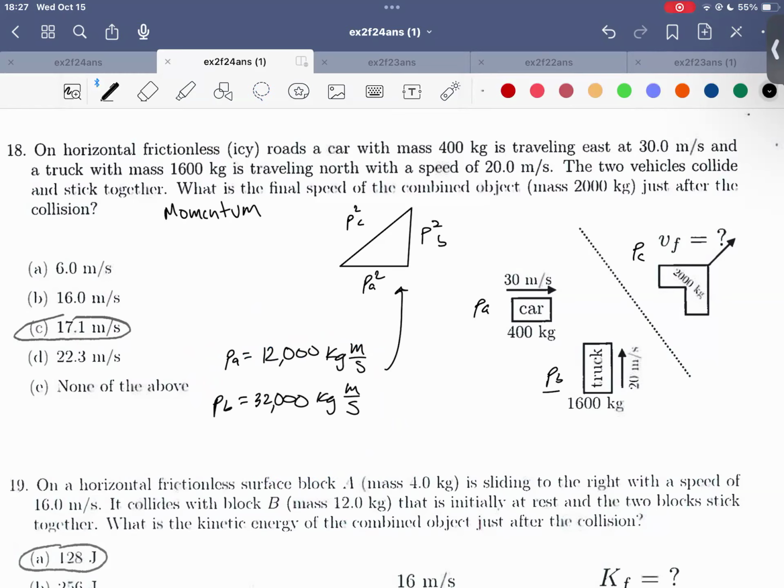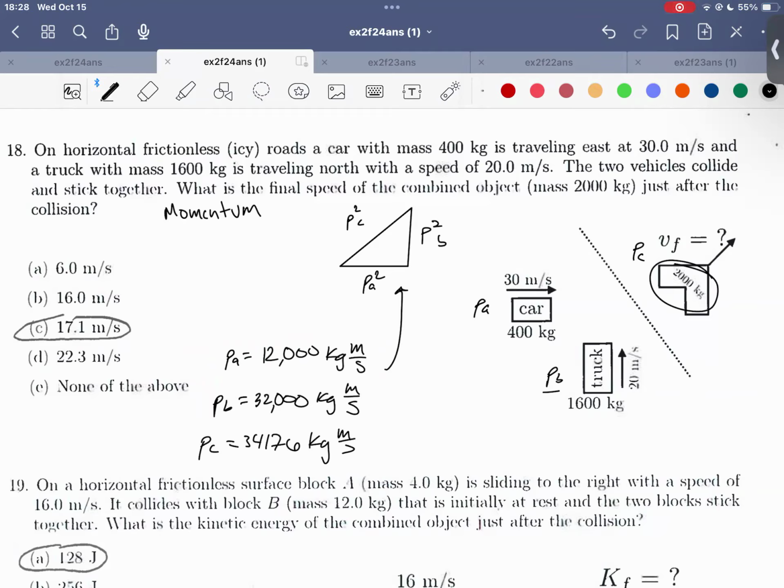And what we'll get is, and with this, we can solve by dividing it by this 2000 that's over here.